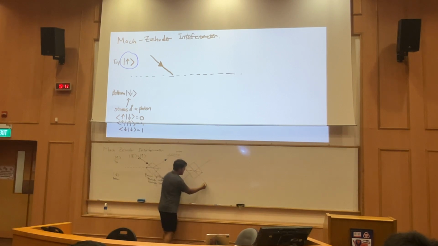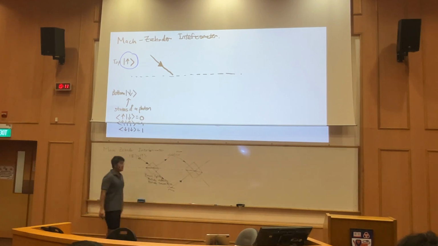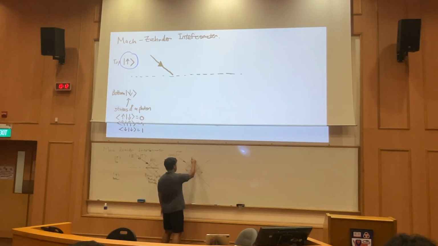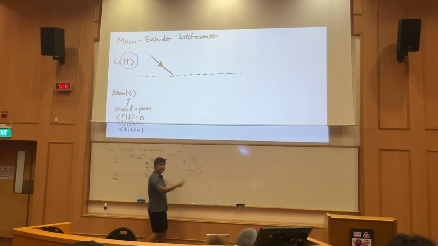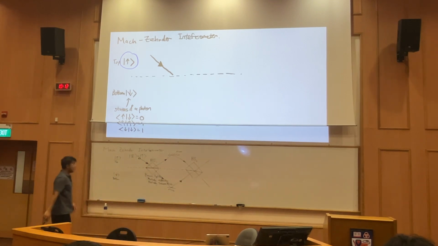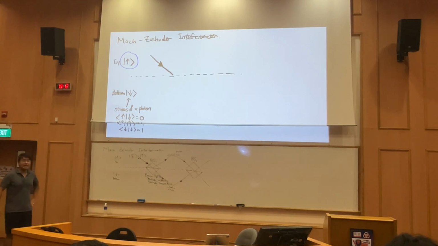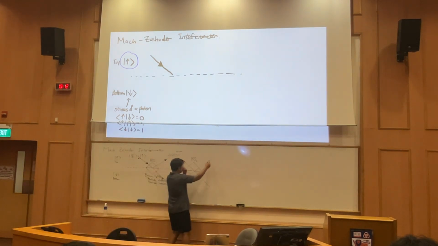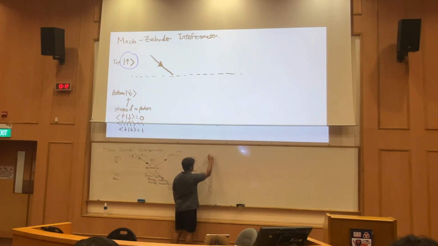scenario. Let's call this BS1, or beam splitter, not bullshit. And let's call this BS2. Same thing, right? And then we're going to have a detector at the end of it, which is just a measuring device that measures if the light is up or down.